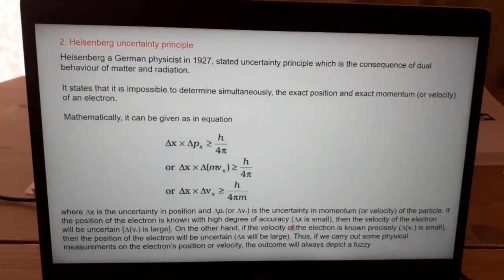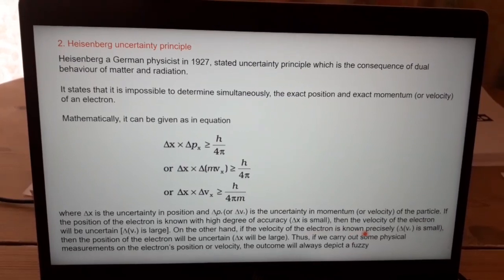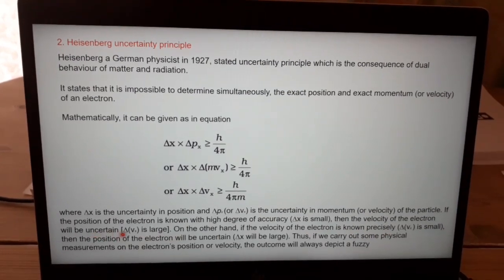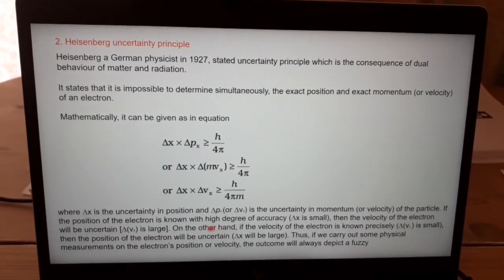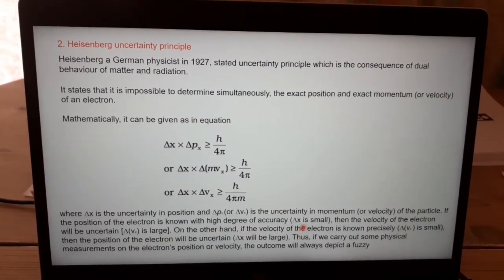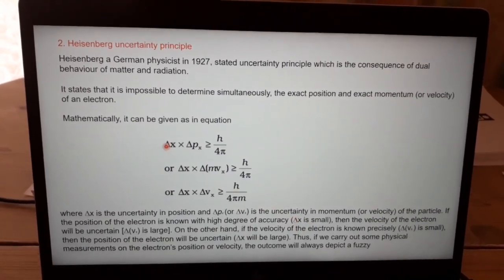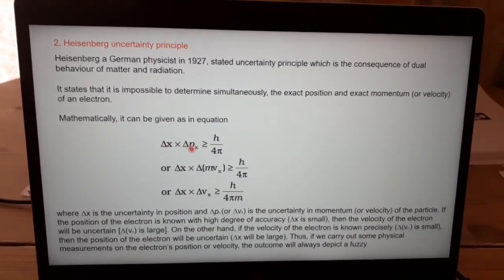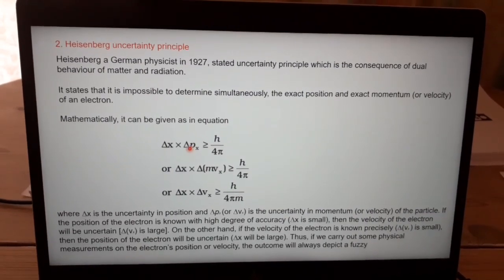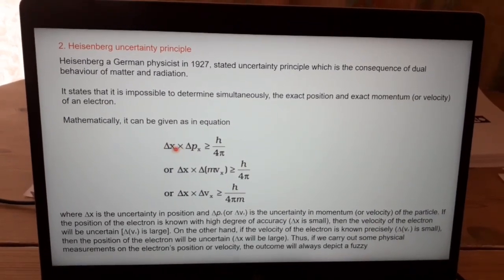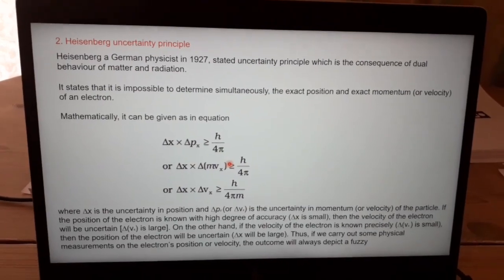So I have written here that the velocity of the electron will be uncertain if we know delta x with a high degree of accuracy. So if we know delta x, delta p cannot be predicted. If we know delta p, then delta x cannot be predicted at the same time, right?